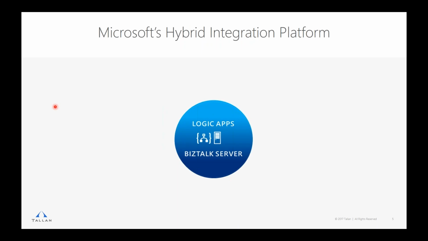BizTalk Server, as most of you on this call are probably already aware, is leveraged on-premise or as infrastructure as a service, but it's more, I call it, the sledgehammer platform of integration. It can do a lot of things and it can do it very well. It integrates in an EAI pattern scenario, ESB, typically in a hub-spoke.